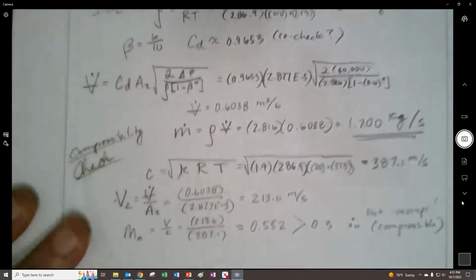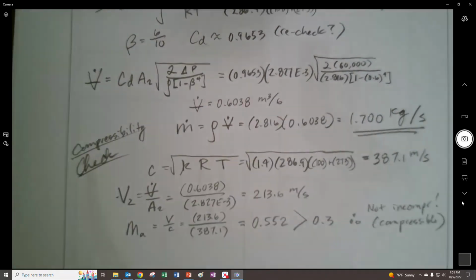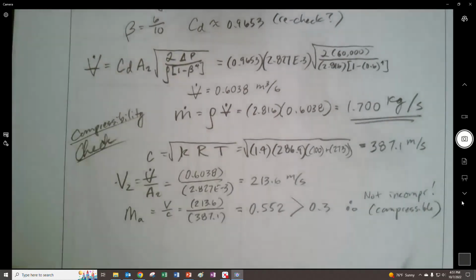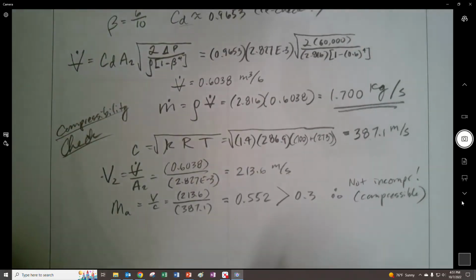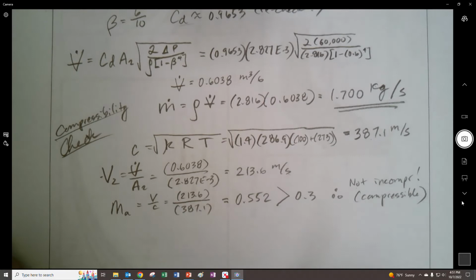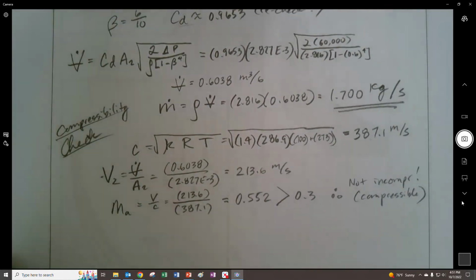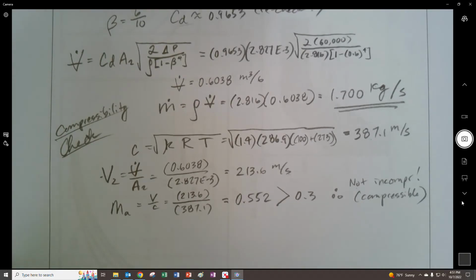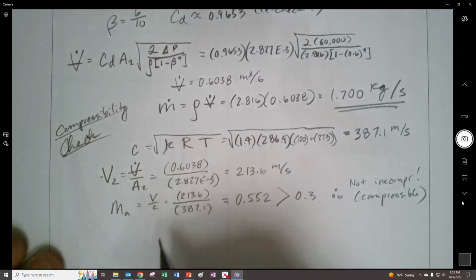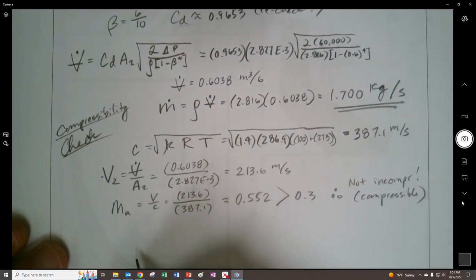There are whole courses taught in compressible flow. It's a lot more, and I think I have it scheduled so that towards the end of the semester we're going to cover some introduction to compressible flow. From one of the books they gave me an equation, and in another one they gave me a graph. I'm going to go with the equation here to do a little bit of a modification, right? What you could do is a sort of correction factor if you use this. I think from White, though, we actually have a figure.